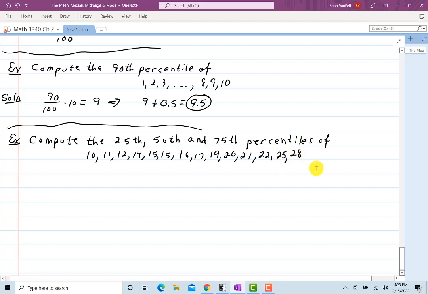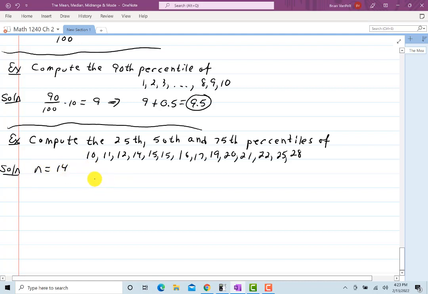Let me see how many numbers we have. We have 1, 2, 3, 4, 5, 6, 7, 8, 9, 10, 11, 12, 13, 14. All right, so we have n equals 14.